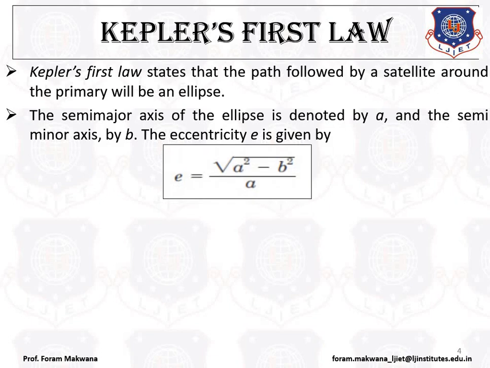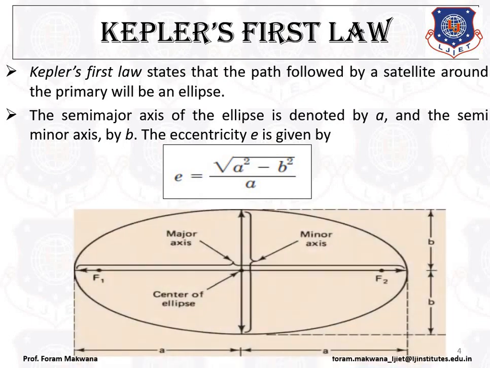Kepler's First Law states that the path followed by satellite around the primary will be an ellipse. That means the orbit of satellite is in the form of ellipse. Over here in this diagram you can see this is the center of ellipse.